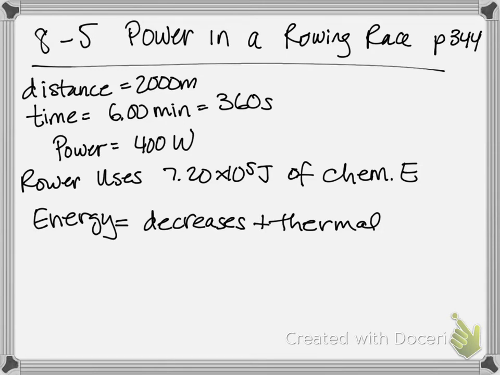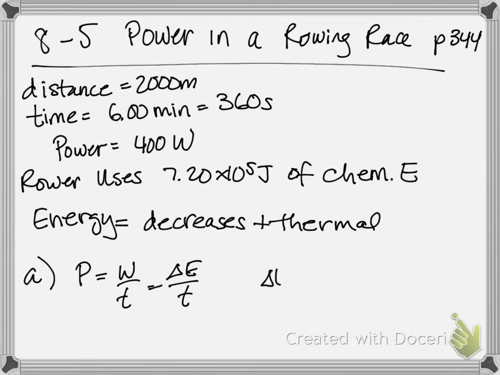Now, when we ask how much energy the rower uses, that's part A. We're going to use the definition of power, which is work over time, or a change in energy over time. It's not really a change, it's a conversion of energy over time.